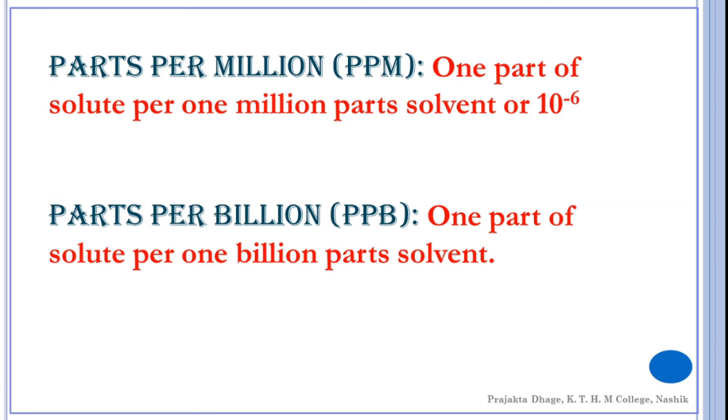Clear? Now let's move on to another concept, which is parts per billion. Now parts per billion is the number of units of mass of any compound per billion units of the total mass. It is also given in terms of micrograms per liter.